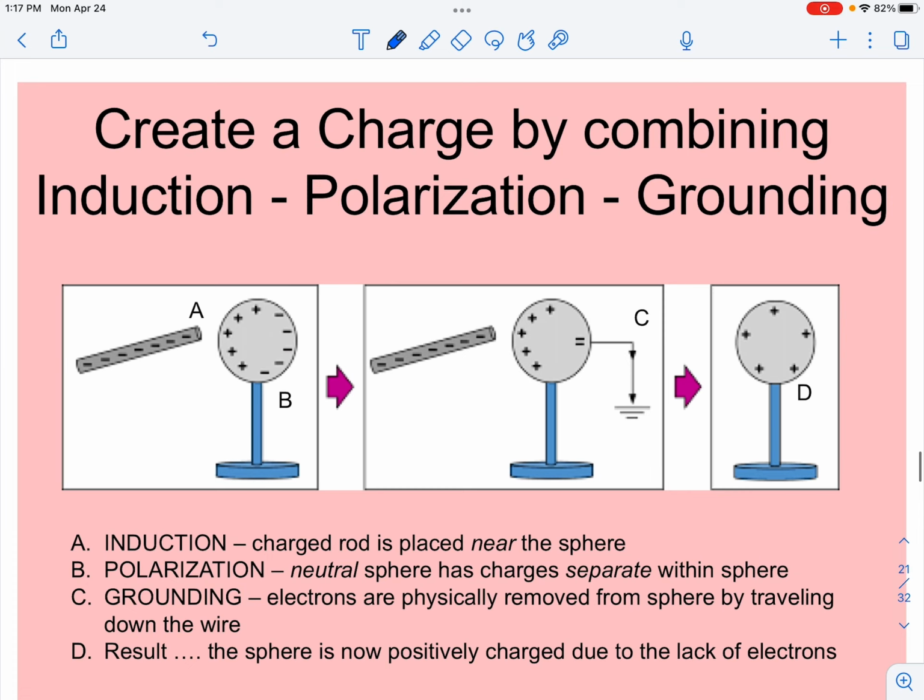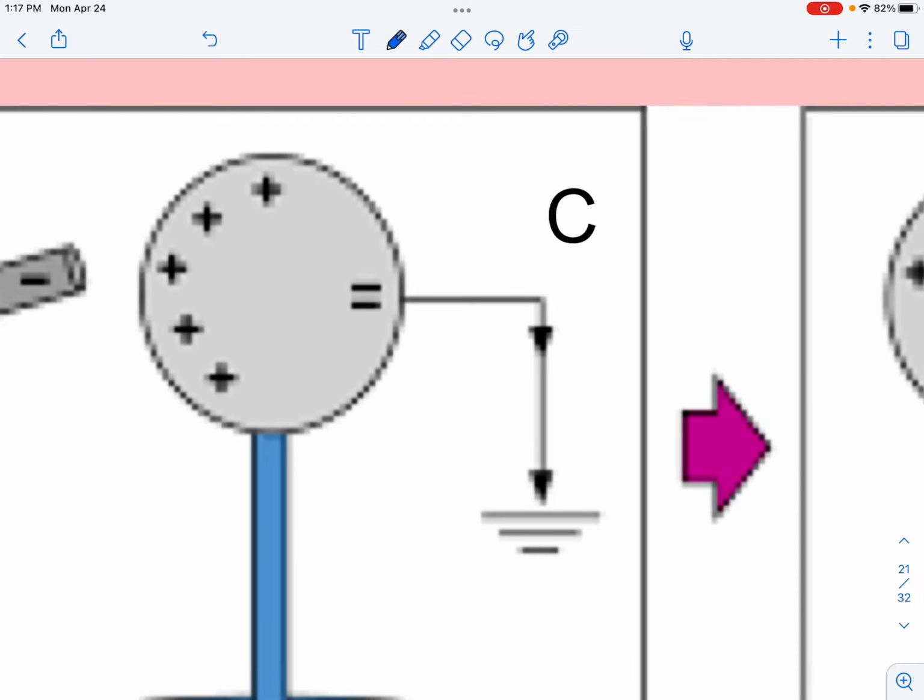So if we look at this image here, they are showing you we have multiple things being demonstrated in this series of pictures. When we talk about the word grounding, we are talking about this step. These charges are able to actually physically leave because of the presence of this wire.